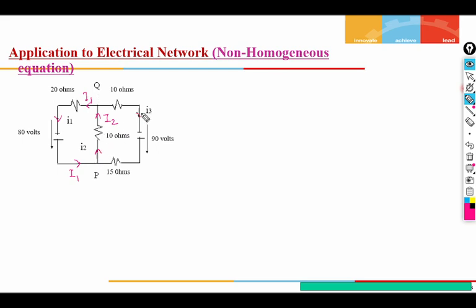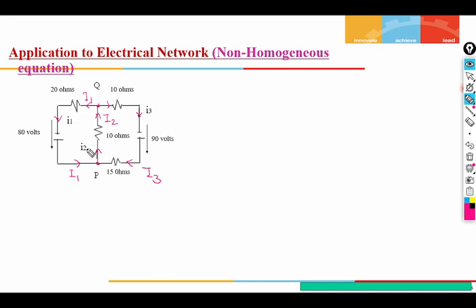So those are the currents flowing through the circuit. We can apply KCL to node Q or node P and get the same equation. At node P, the incoming currents are I1 and I3, and I2 is going out.